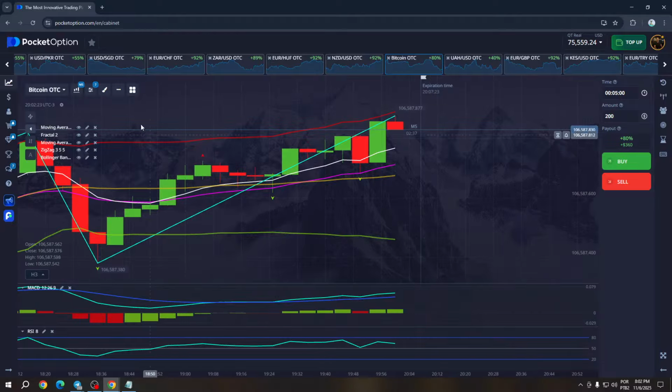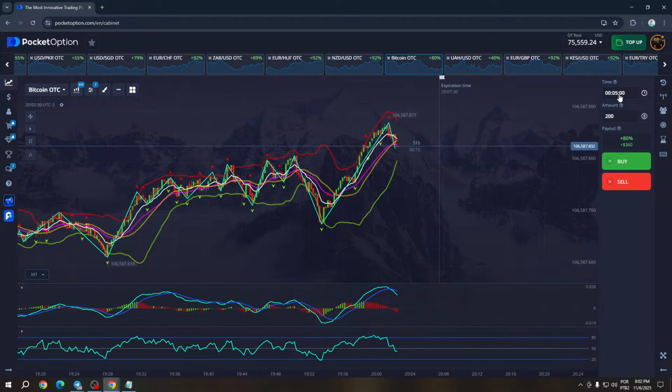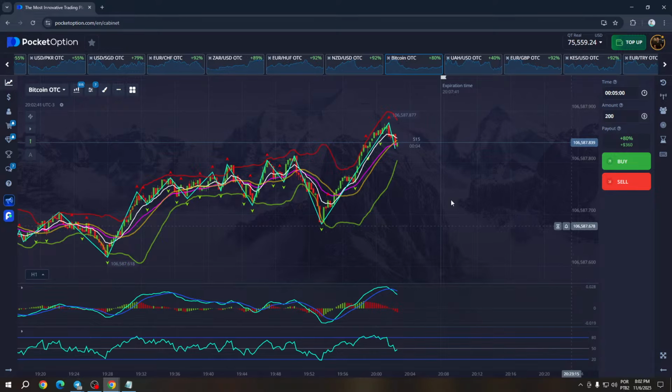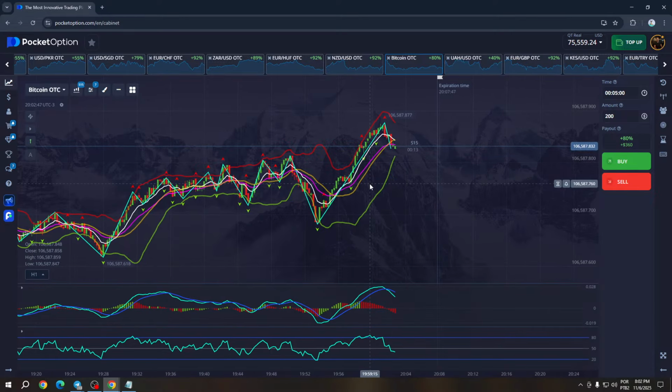I'm going to use 15 seconds on time frame, 30 seconds or 1 minute on the expiration time. Just forget about the martingale. It's just a single move, a single operation. Get a win, profit. Get a loss, try again. Don't forget about that.